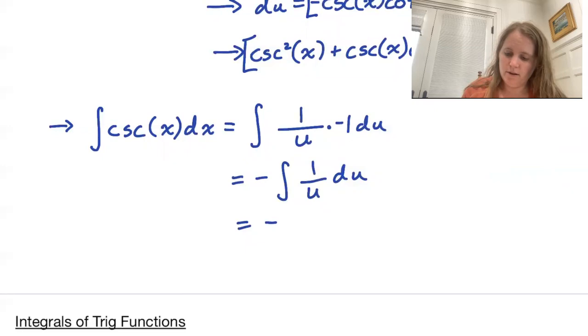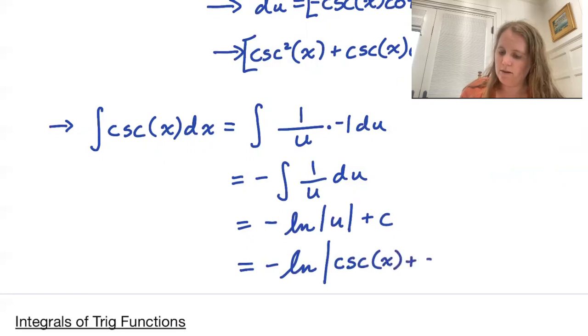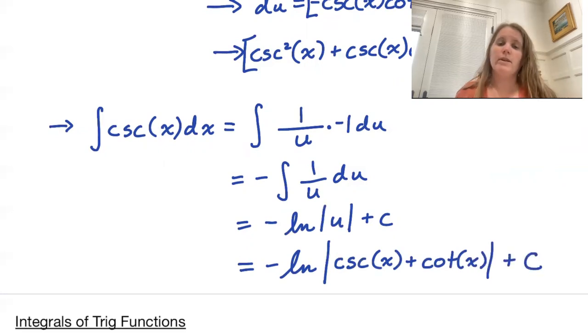So we have negative natural log absolute value of u plus c. Plugging back in our u, we have negative natural log of cosecant x plus cotangent of x plus c. So the integral of cosecant x dx is the negative natural log of the absolute value of cosecant x plus cotangent x plus c.